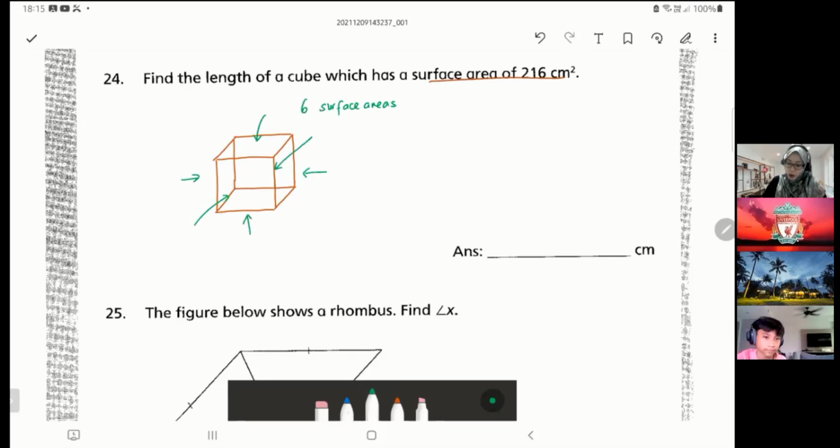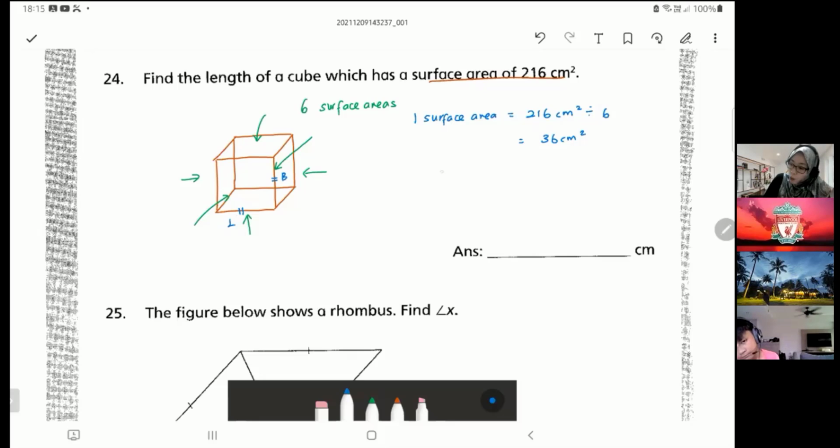So what do we do with this 216? You take your 216 to find one surface area first. It will be 216 cm squared divided by 6 equals 36 cm squared, which means one square, length times breadth, length and breadth are the same because it's a square.